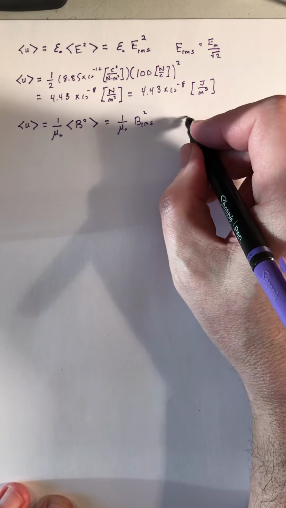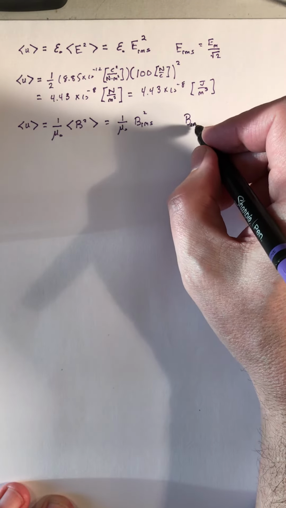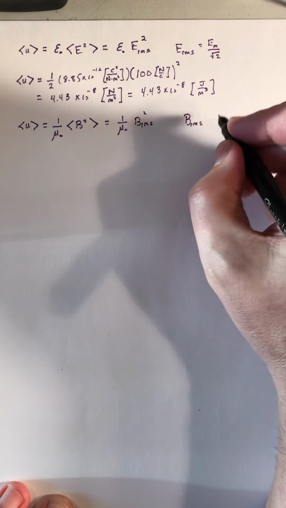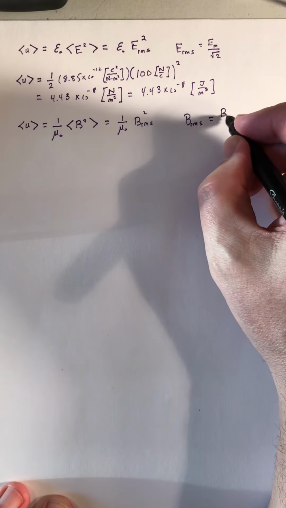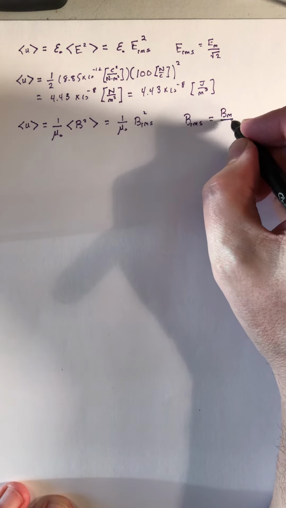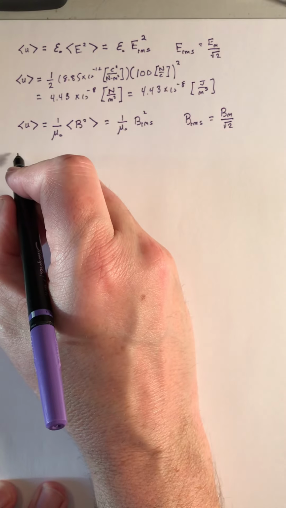And again, just like with the electric field, the RMS value of the magnetic field is going to be the amplitude of the magnetic field over root 2. Put in values for that.